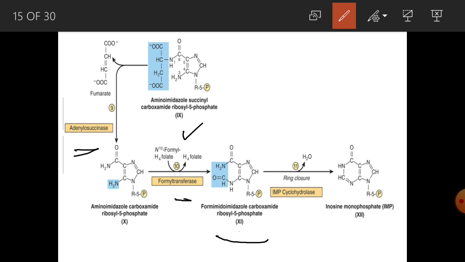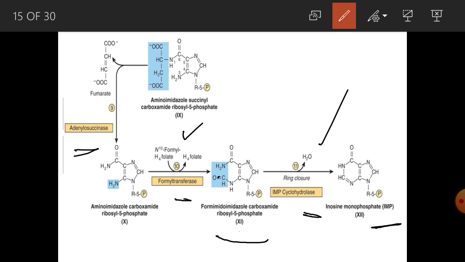So, till now the ring is open, and now in presence of IMP cyclohydrolase, as the name suggests, hydrolysis occurs, so water molecule is removed and cyclization, that is the ring is formed and inosine monophosphate is obtained.